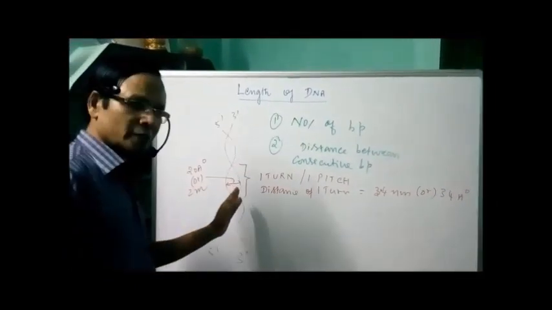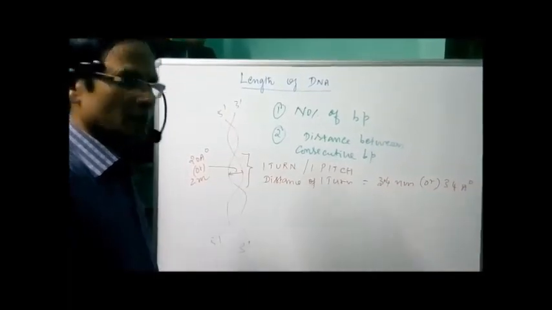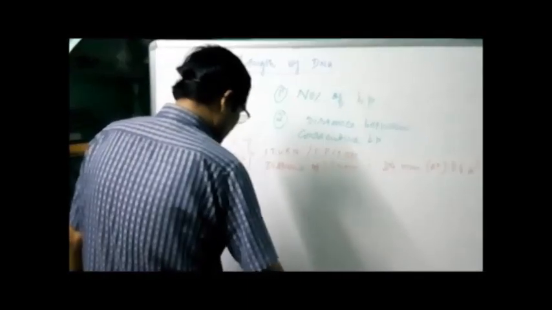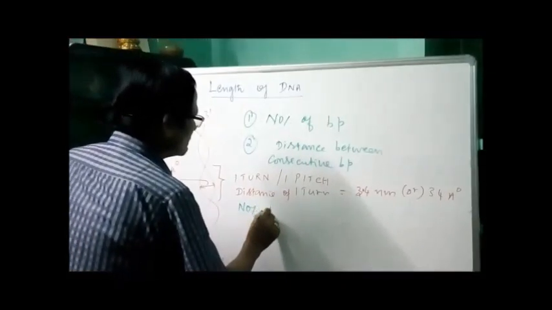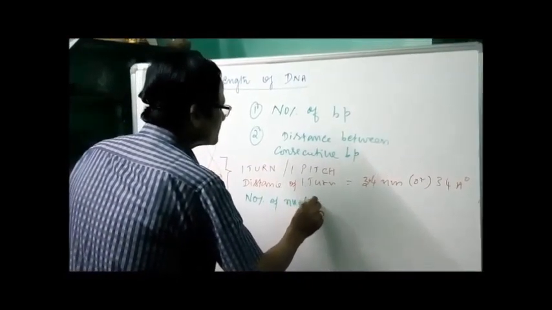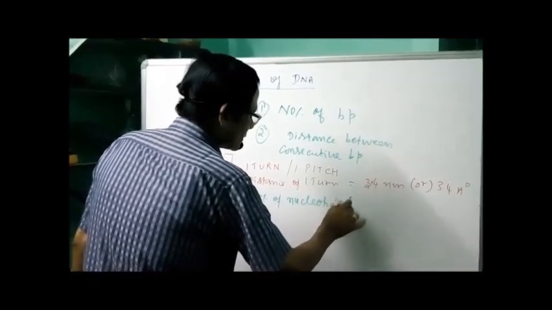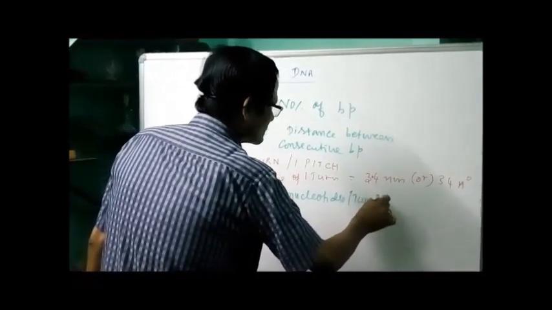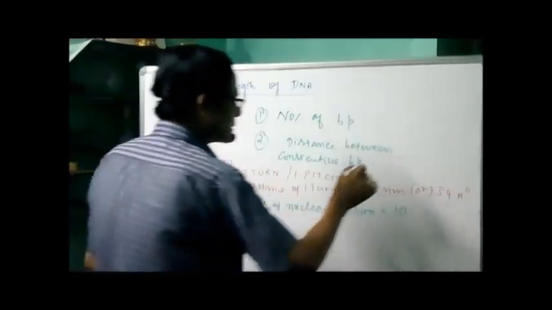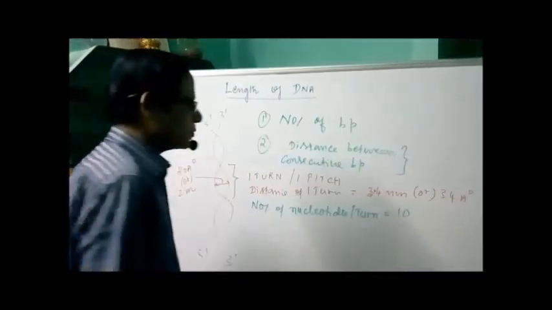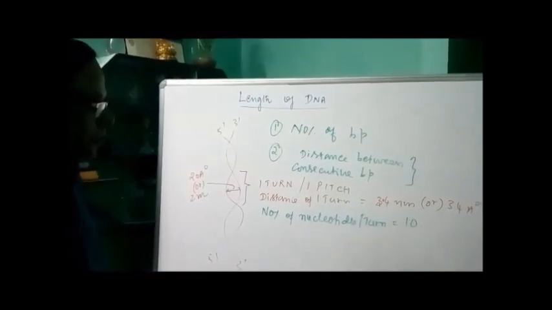How many nucleotides are present per turn? The number of nucleotides per turn is equal to 10. So now we can find the distance between consecutive base pairs.